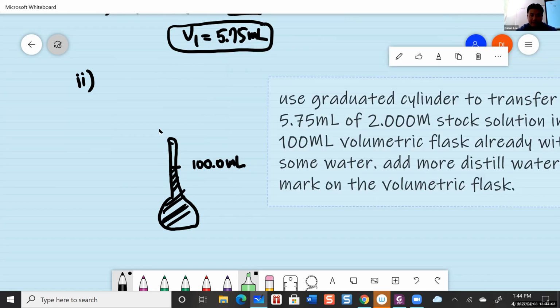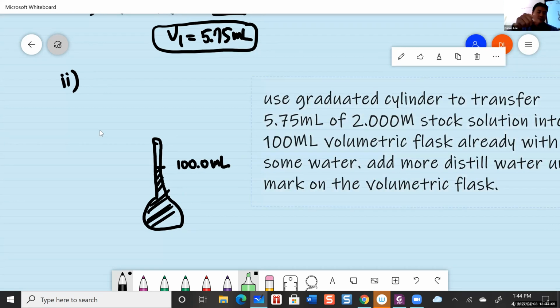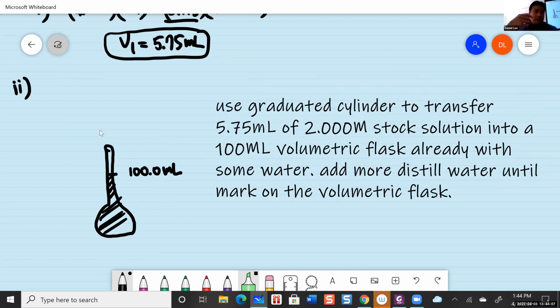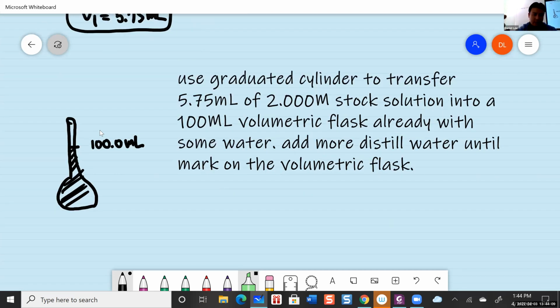Now, the reason you have to add to a volumetric flask that already has some water is just a precaution. We always add acid into water, never the other way. Imagine oil. Do you add oil into water or water into oil? Water into oil is unsafe, because with hot oil, if you put some water in, it's going to splatter and boil the water.